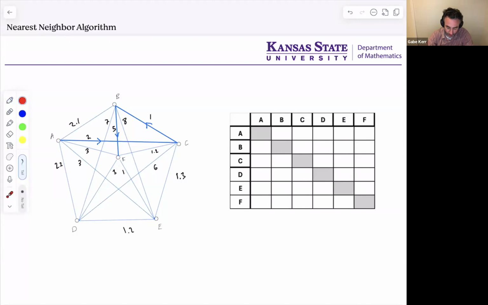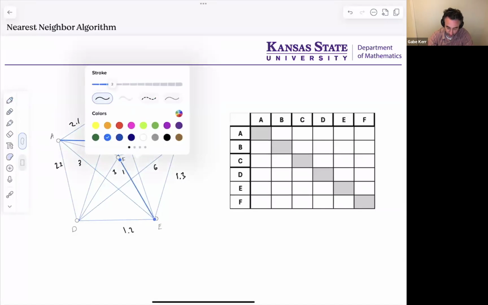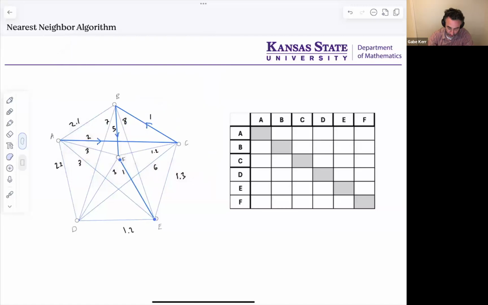All right, now we're at F, and again, F has 5 edges coming out of it, but these first 3 edges are the top 3 edges. They're going to vertices that we've already visited, so we don't want to go to those. So we'll just look at these 2, and well, happily, the nearest neighbor is E, so we will follow this edge with the smallest weight. Okay, continuing.